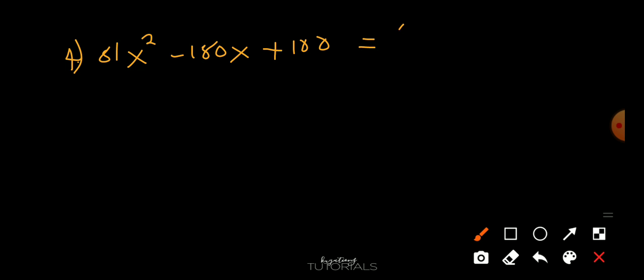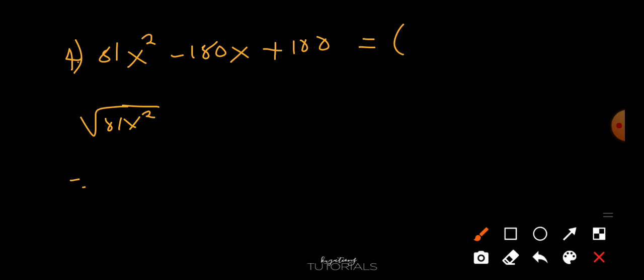Okay? Next, let's go to the fourth example. We have 81x squared minus 180x plus 100. Okay, so next, same process. The square root of 81x squared is how much?